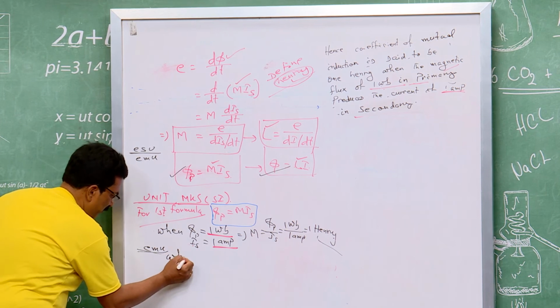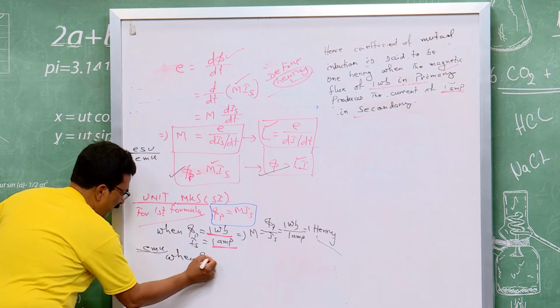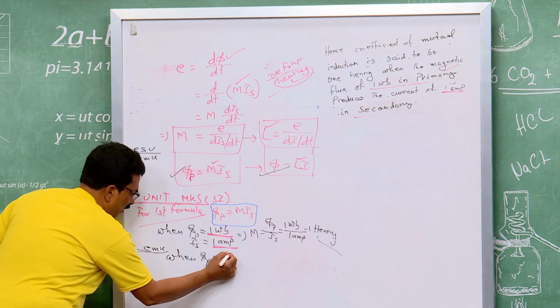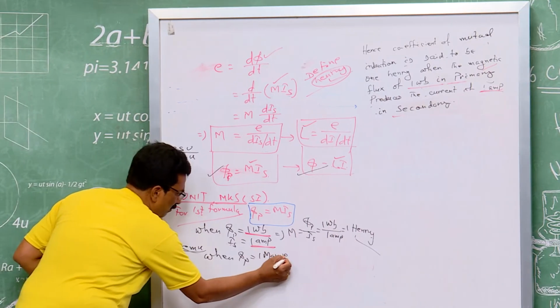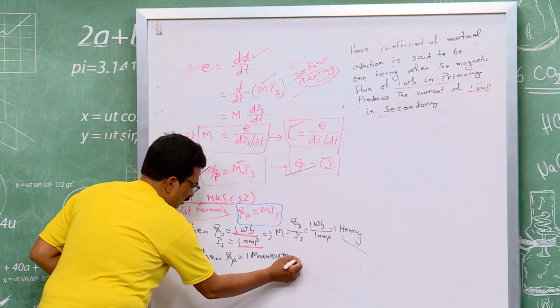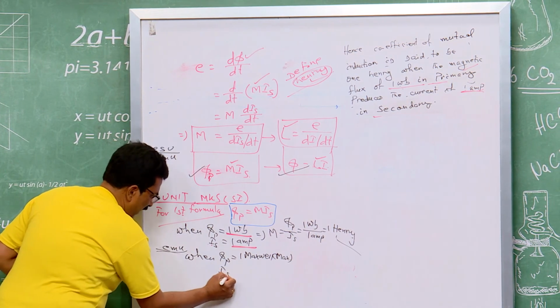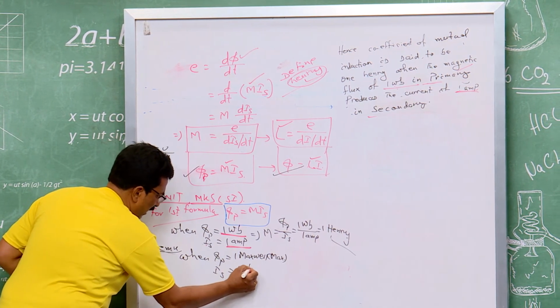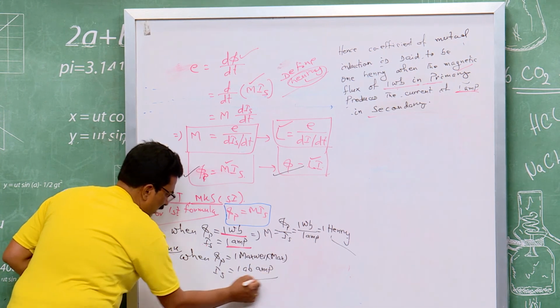So, when phi p is in Weber, it will be the Maxwell in the EMU, and generally that is written as Mx, and Is is equal to 1 abampere.